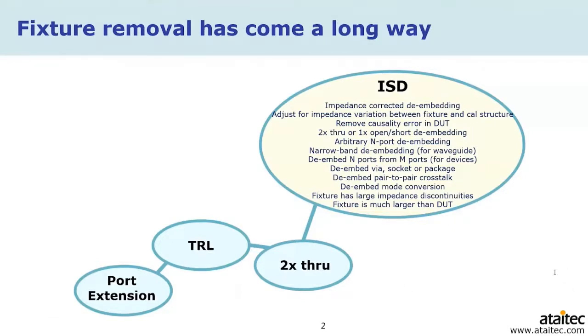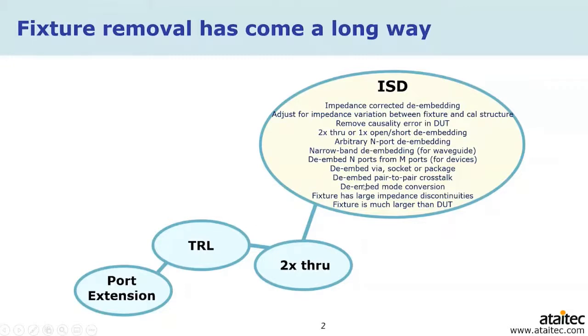As the requirements grew, so did ISD. Over the years, we have included many functionalities. Now we can take care of arbitrary N-port de-embedding, narrowband de-embedding. We can de-embed N-ports from M-ports; N and M can be arbitrary. We can de-embed vias, sockets, or package.